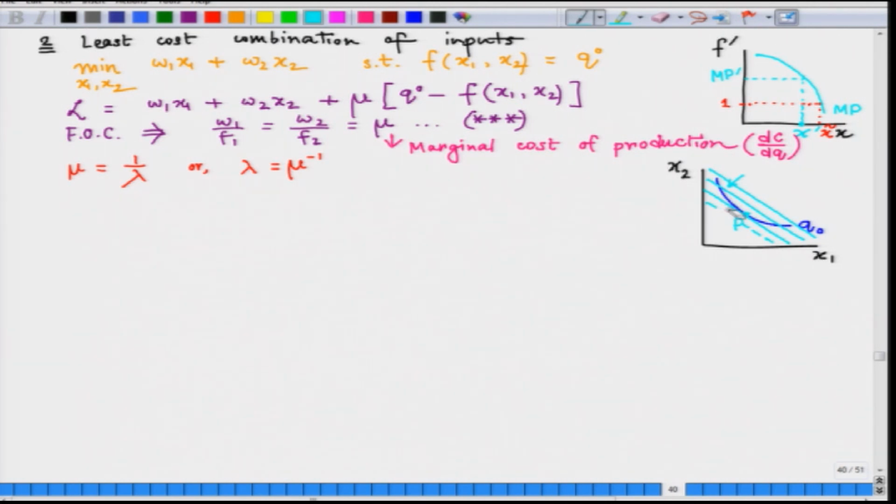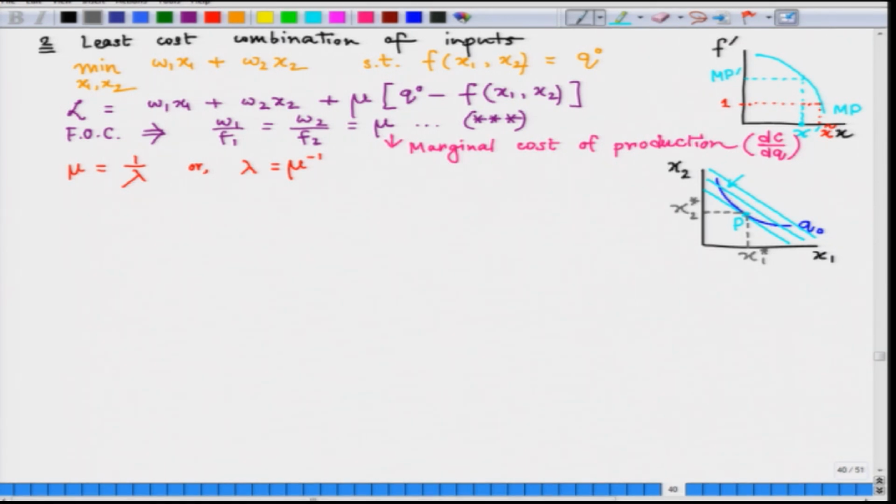Hence, I erase this infeasible isocost line. So, what do we get? We basically get the least cost input bundle, which is represented by the equilibrium point P. So, we get x1 star units and x2 star units of inputs that will be able to produce Q naught level of output in the least cost manner.